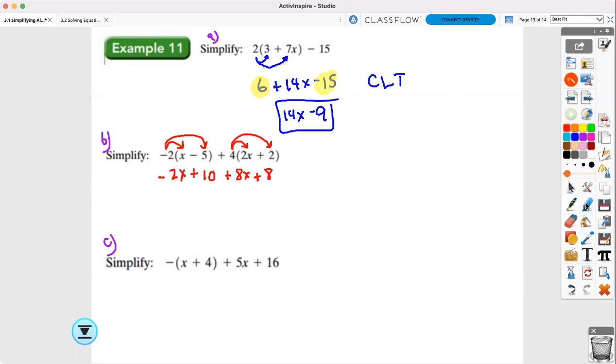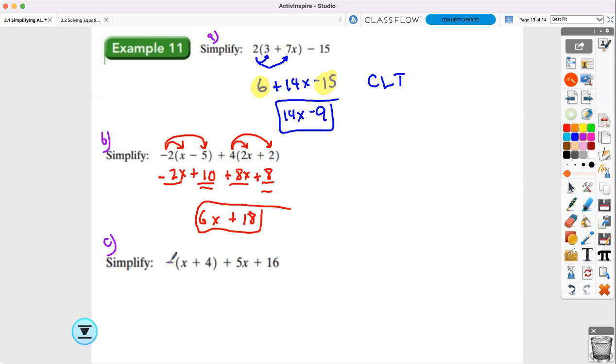Now, what like terms do y'all see here, class? X and the regular constant. That's correct. So -2x plus 8x is 6x. 10 plus 8 is 18. And we're done.